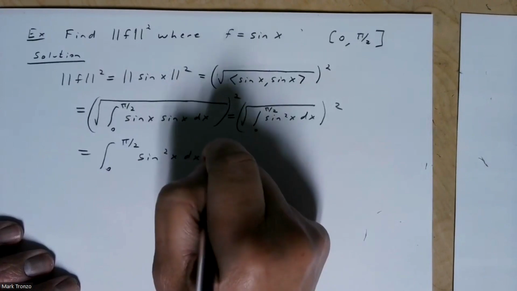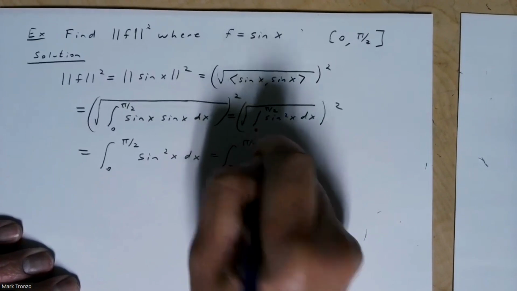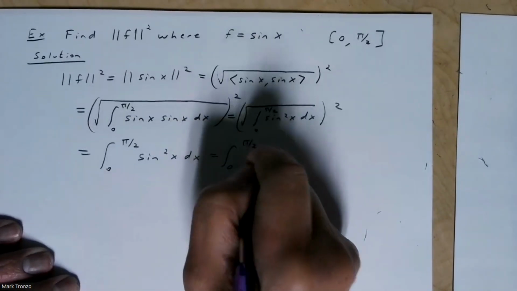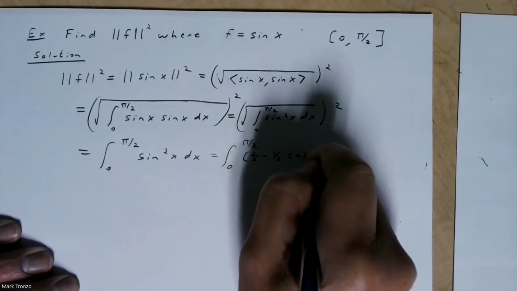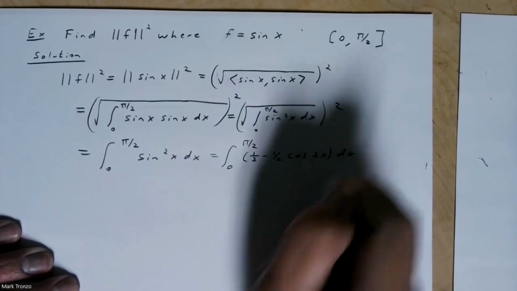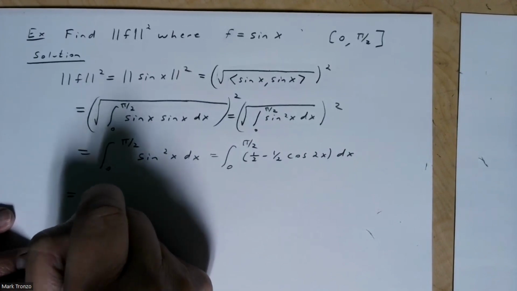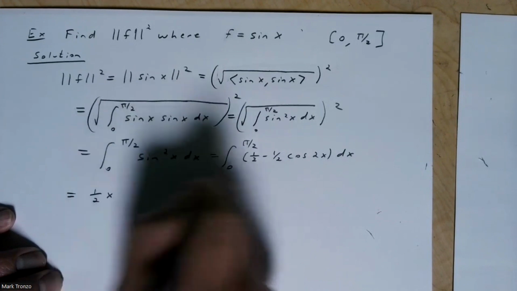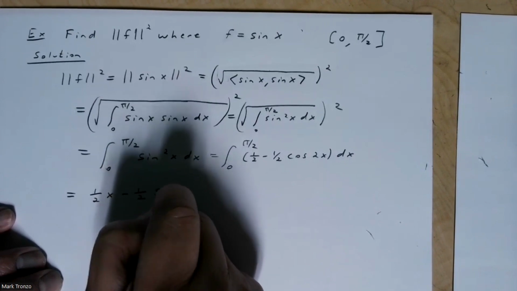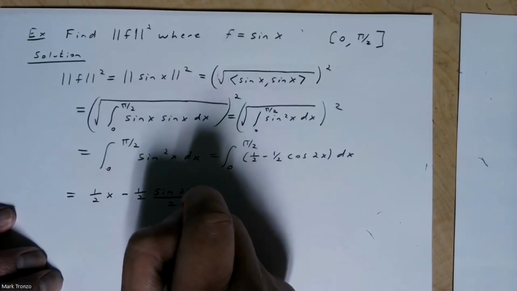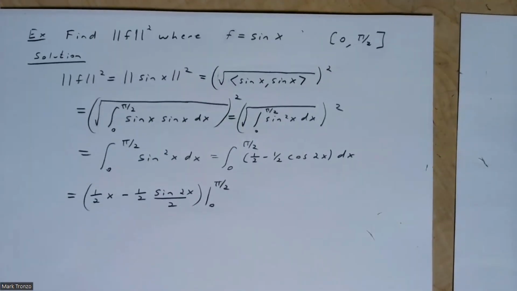So let's go through this. And so, of course, remember, anytime you want to integrate sine squared, we use the half angle relations. And integrate this little 1/2 sine 2x divided by 2, 0 to pi over 2.